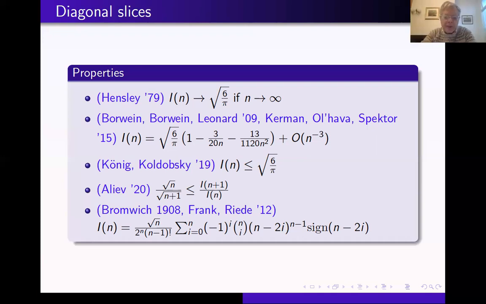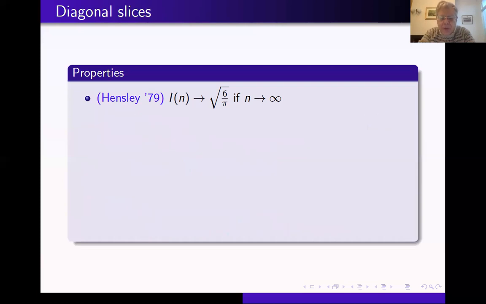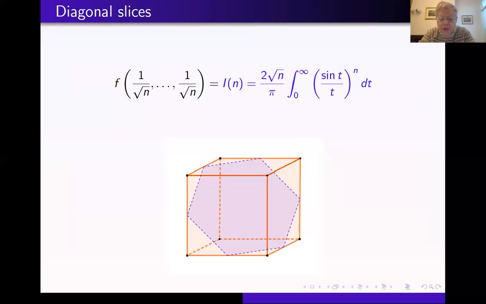Can I just ask a question about the original geometric definition? You showed the section of the cube in 3 dimensions. So is that or is that not the same as the projection onto a hyperplane of the whole cube in that direction?